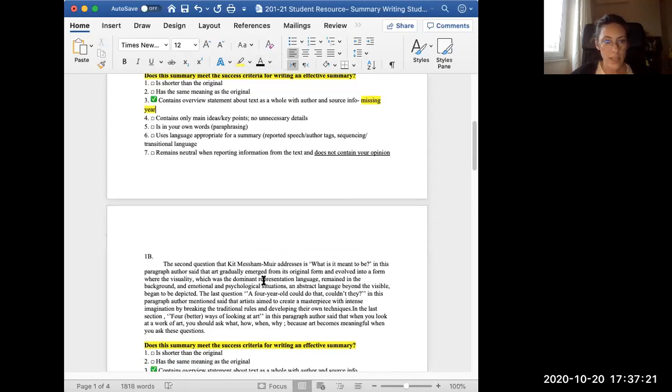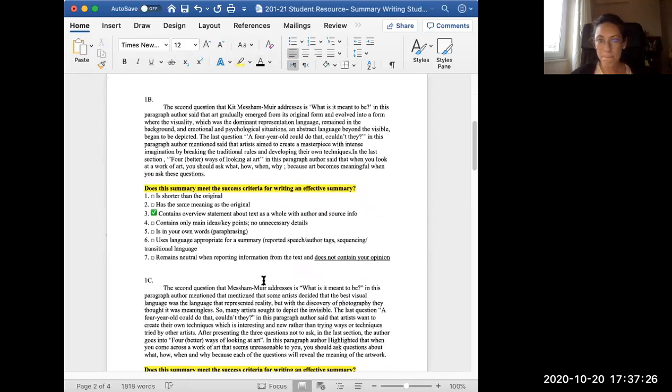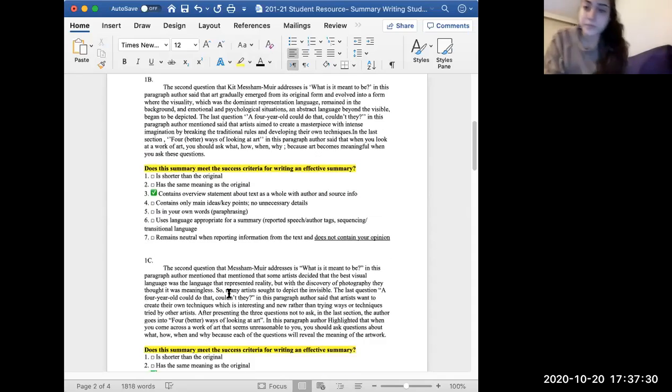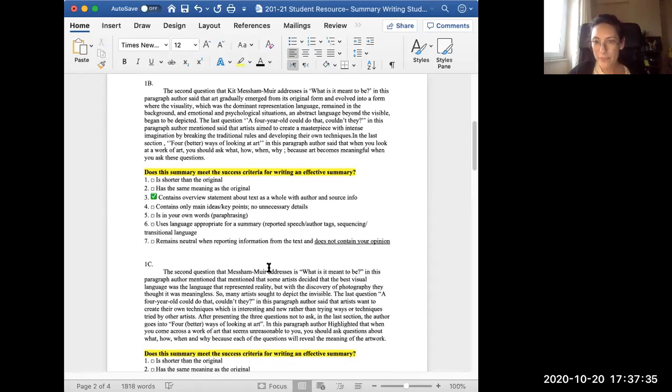So let's take a look at who was the group that looked at 1B. That was us. Okay. Anybody want to share your comments about 1B? We think except 7, it's okay. Like 1, 2, 3, 4, 5, 6. Okay. Is there anything that you liked about it or that you would change about it?